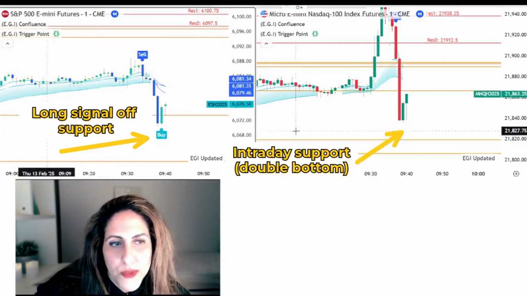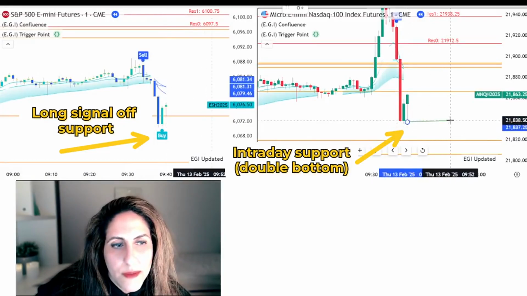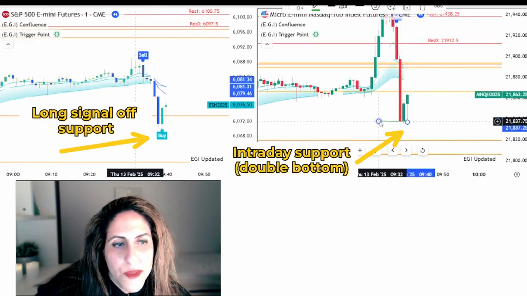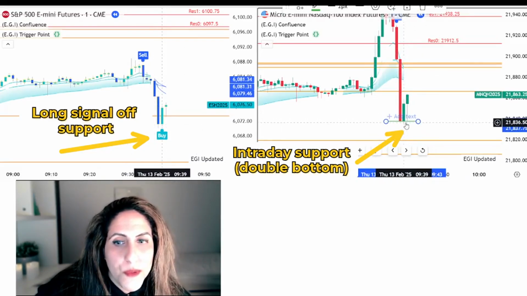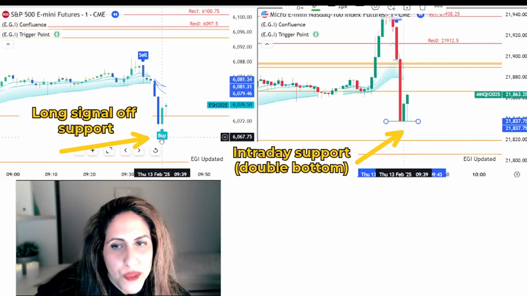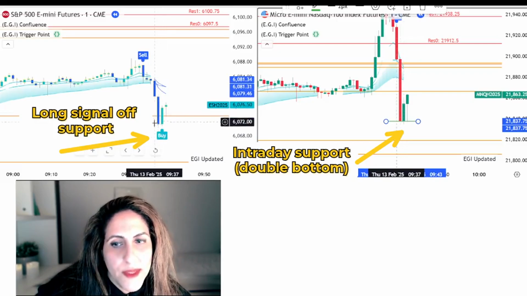Now, I want you to see. There's an intraday support level generated by NQ here, according to the double bottom or triple bottom here. At this point, a buy signal was generated on ES, indicating it's a false breakout.